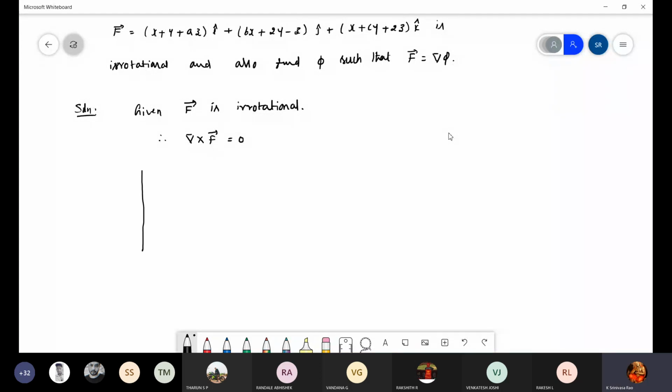That is the determinant i, j, k; dou by dou x, dou by dou y, dou by dou z; first component x + y + az, second component bx + 2y - z, and third component x + cy + 2z, and that is equal to 0.